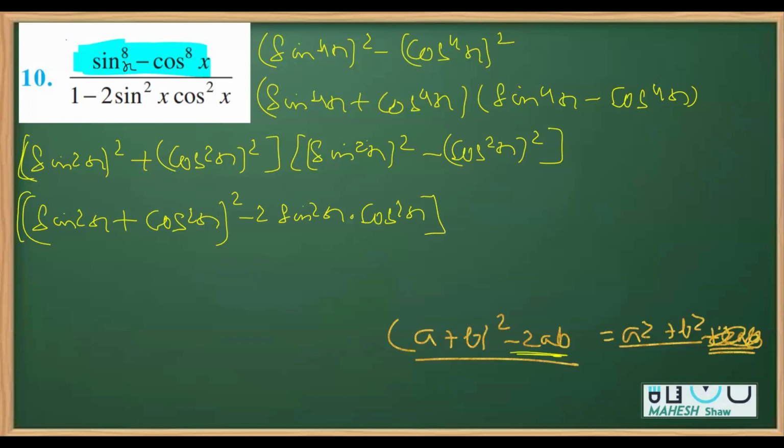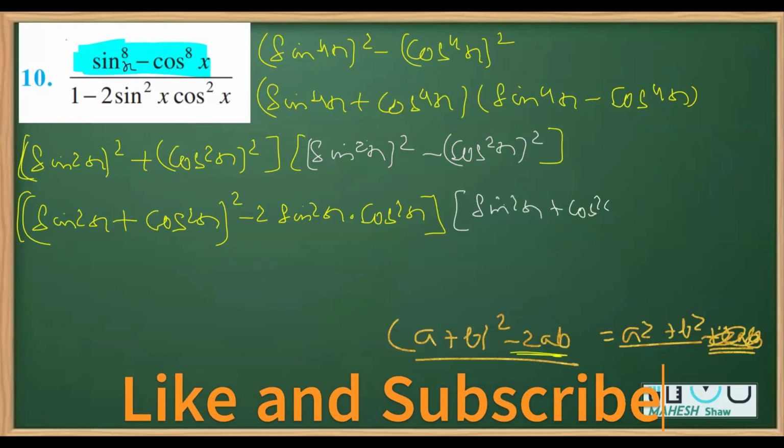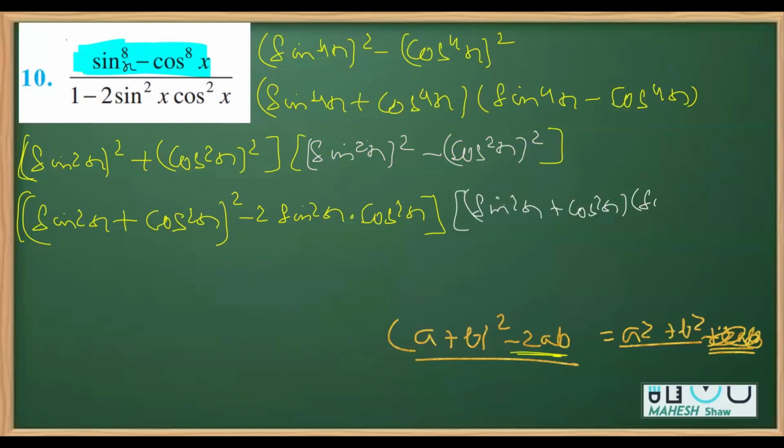Now after this, we are left with this to simplify. Here also, I'm going to apply the identity of a plus b into a minus b. So I can write this as a plus b, that is sine square x plus cos square x, multiplied by a minus b, which is sine square x minus cos square x.